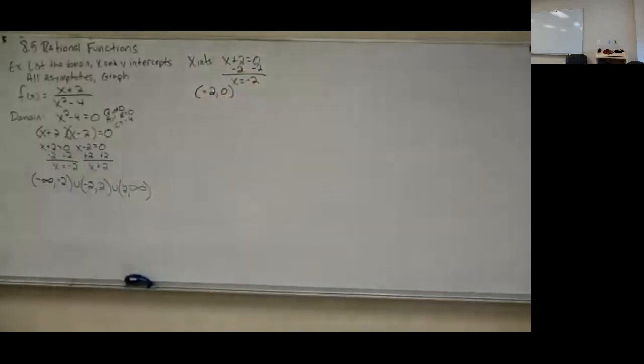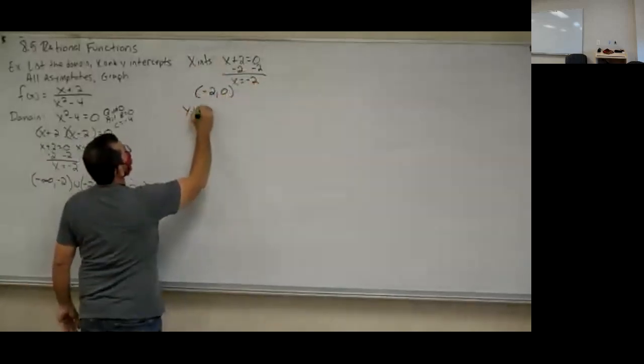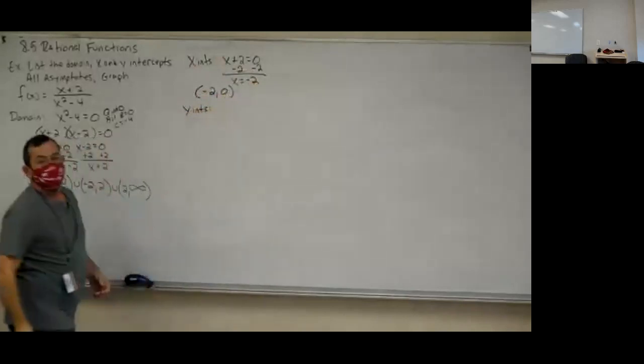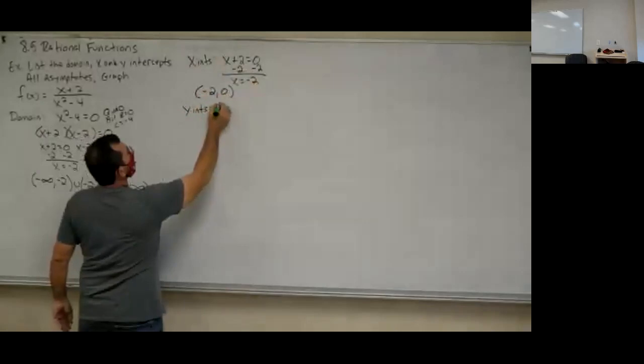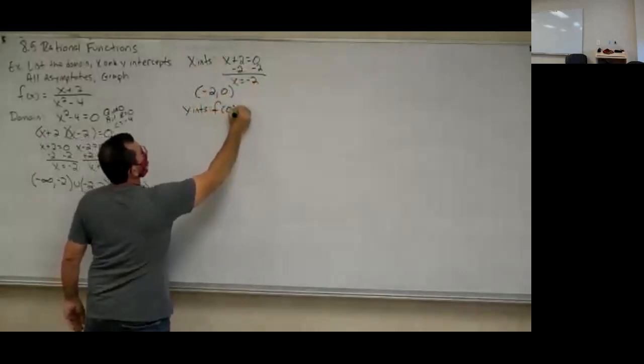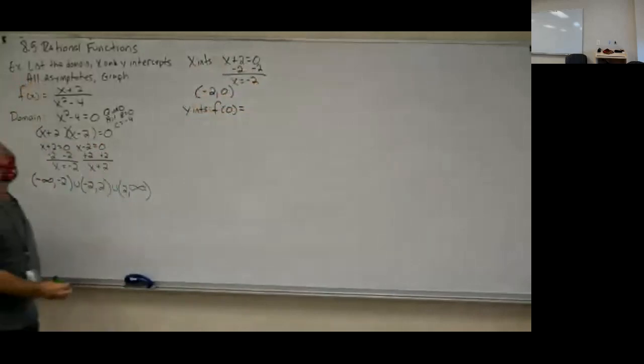Then I'm going to find the y-intercept. To find the y-intercept, you find f of 0, which means you take this function and put zeros in for these x's and see what we get.